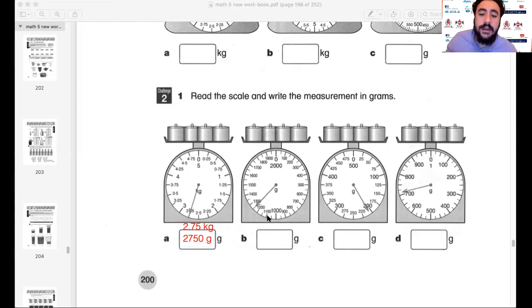750 grams. Okay. So Yusuf, what are you going to write here? And the measurements up here, yeah, Yusuf. So I can write here, Yusuf, do you hear me?